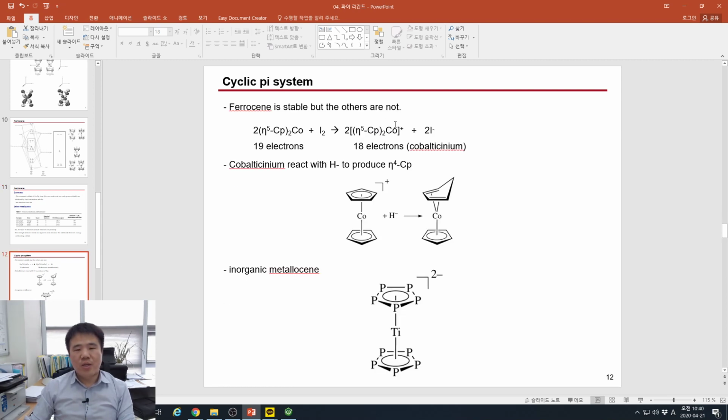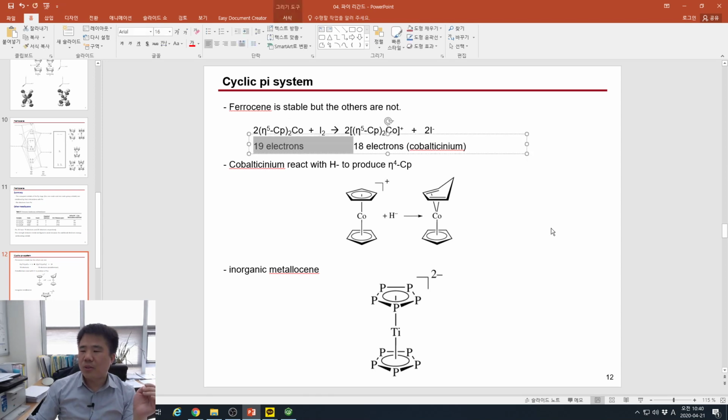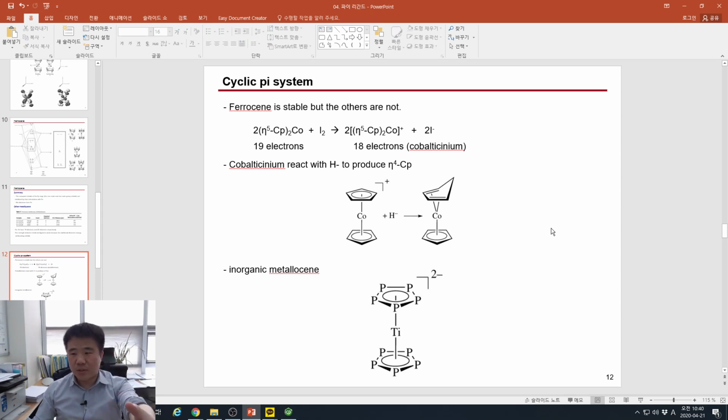So ferrocene is stable, but the others are not. If you think about the cobalt complex, cobalt can easily interact with I2 to make this one. As I told you, cobalt has 19 electrons. It means that cobalt wants to give an electron to others to make a stable 18-electron complex. Do you understand?